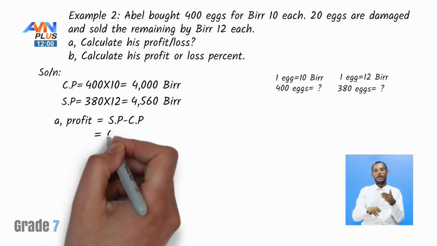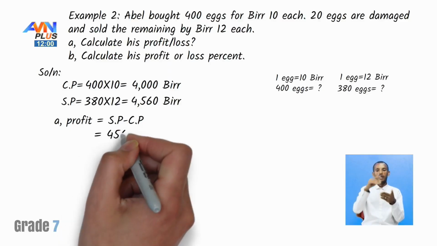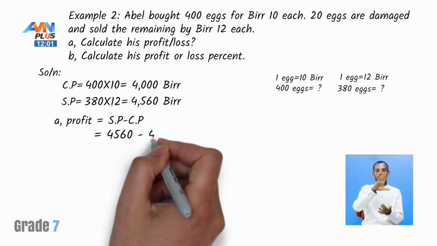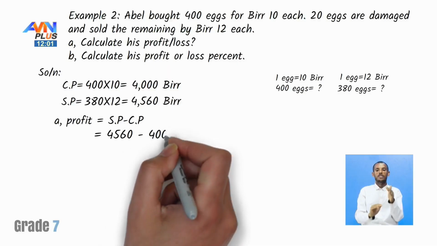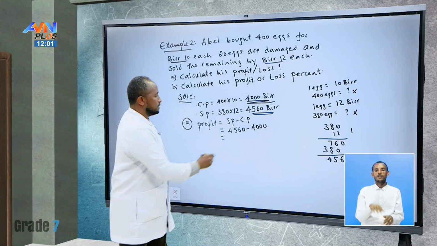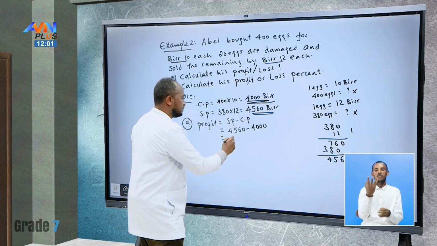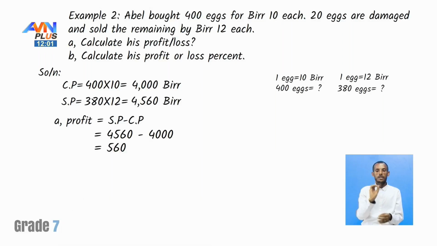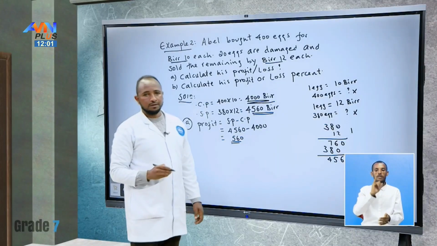The selling price is 4,560 minus cost price 4,000. What's the difference? It is simply 560. Therefore, his profit is 560 birr.